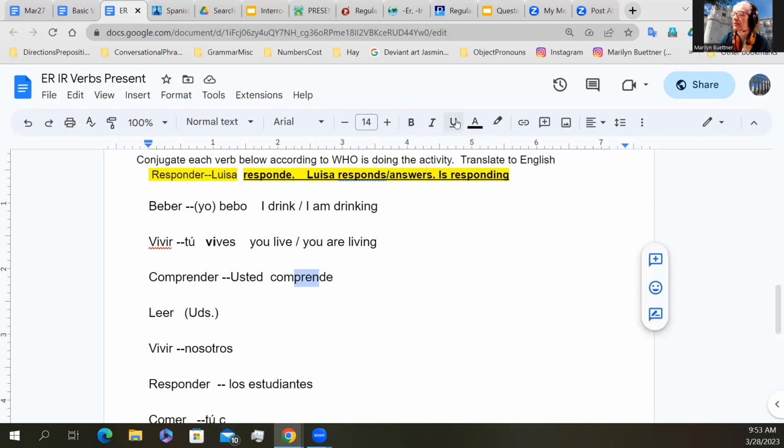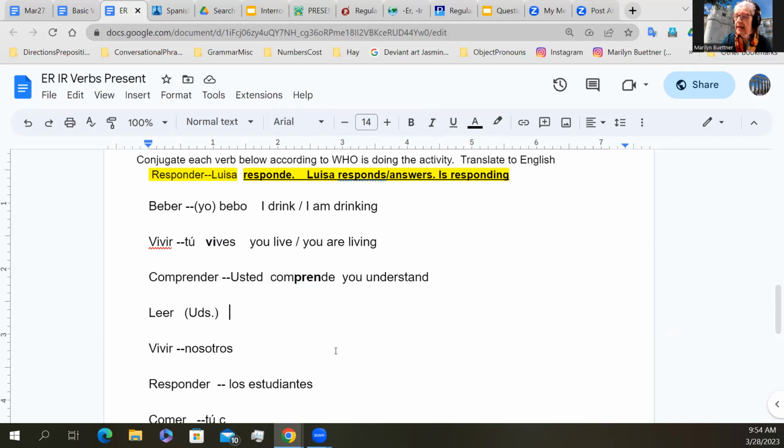Comprende. There is the syllable that we punch a little harder. Comprende means you what? Understand. You understand. You get it. Yeah. Wow, you are understanding. Ooh, that's not really a structure we use very much in English.